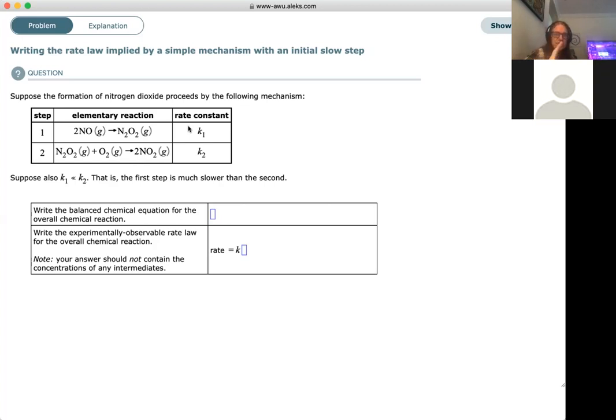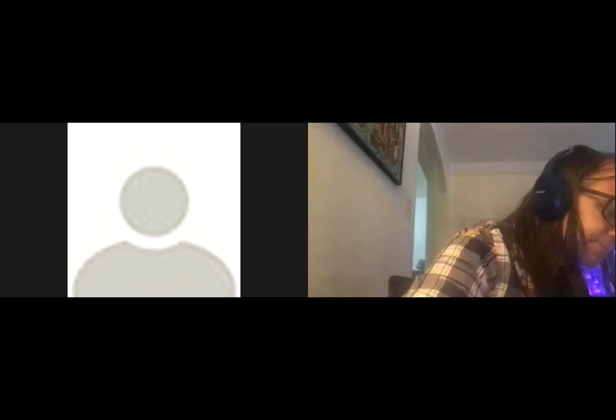So if the first one is slow, just write out the rate law for the first step, and that'll be the rate law for the overall. If K2 is much smaller than K1, then it's a little more involved. So let me show you this one first, and then we'll look at an example where K2 is smaller.